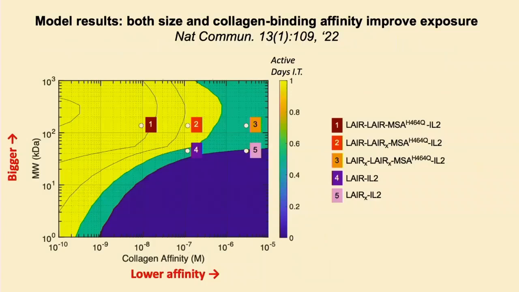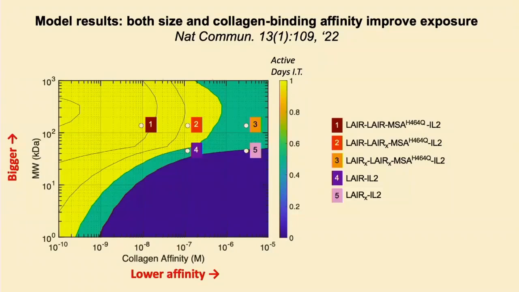So the way we decided to use the modeling was we said, doesn't matter if you're at 100 times the EC50 of the cytokine or 10 times or 1,000 times. No, it doesn't matter. So what we plot here is the time at which the cytokine receptor or its effect is saturated. So the color coding, the yellow, aqua, purple, is days of active immunotherapy.